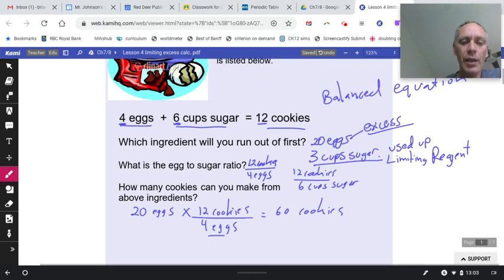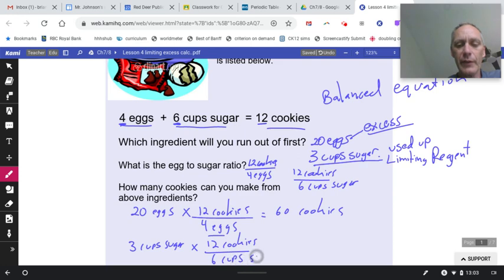Okay, well, let's see what the sugar does for us. So we have 3 cups of sugar. Okay, how many cookies can we make? Well, we can make 12 cookies if we have 6 cups of sugar. So you can see it's a molar ratio.